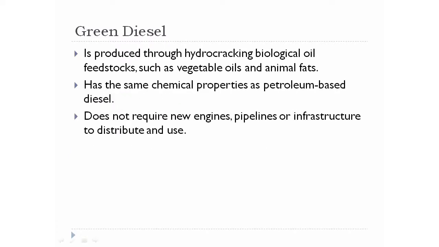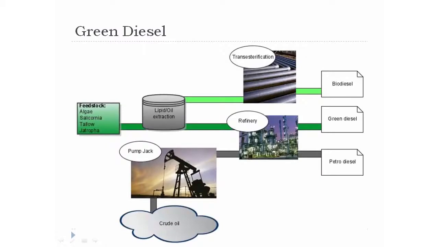Besides biodiesel, we have green diesel as well. It's slightly different from biodiesel. It's produced through hydrocracking biodiesel oil. You can see here, this is the difference between green diesel, petrodiesel, and biodiesel.